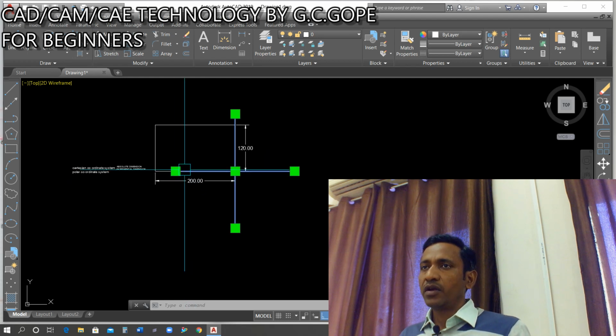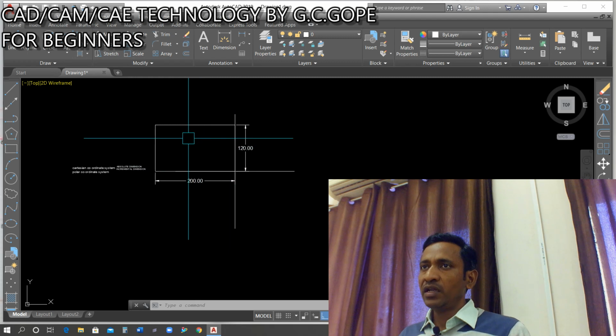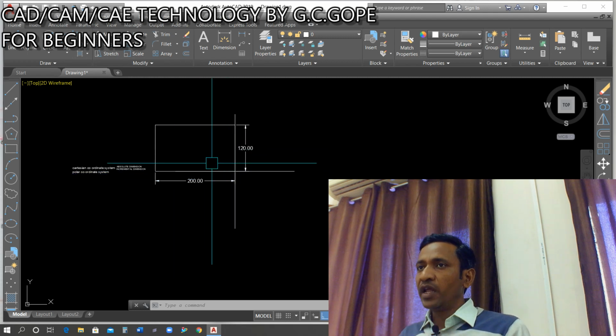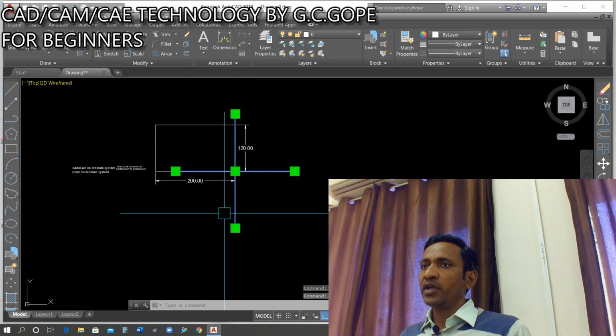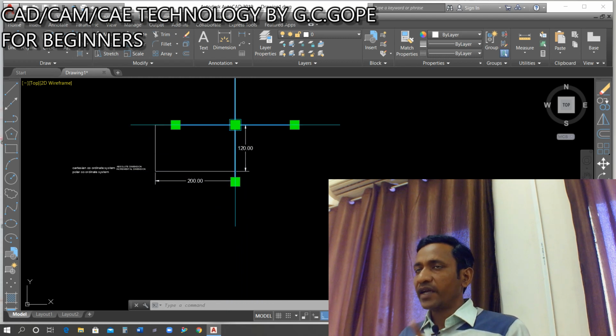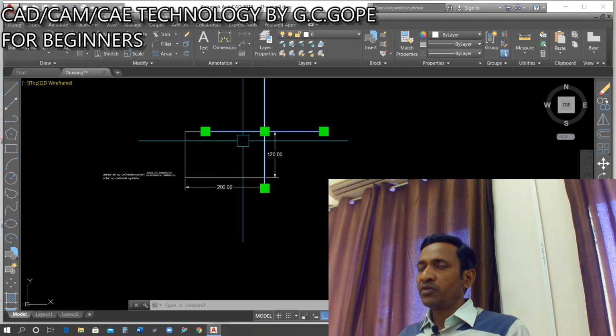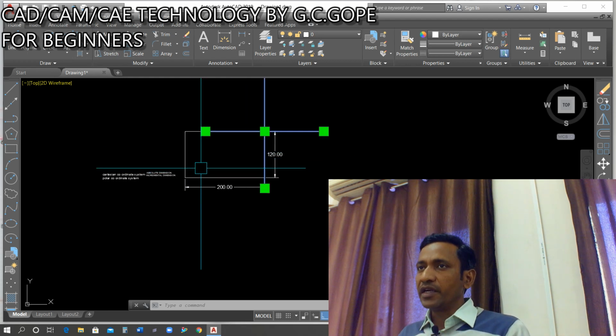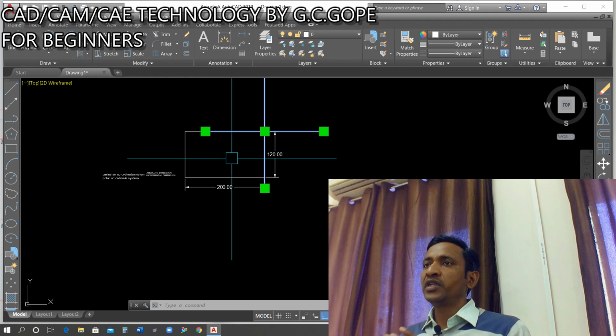Now we see that we have this axis system, and this model is existing in the second coordinate system. That means x axis will be negative, y will be positive. Similarly, suppose I am using this one, and this one should be here. This one will be the axis, that means all dimension values, x axis and y axis, will be negative. So I hope this one has been completely clear.